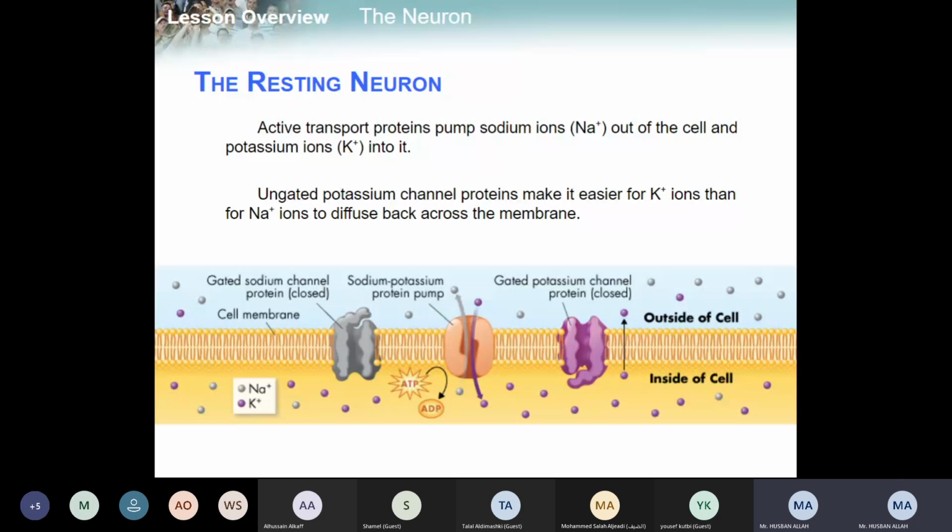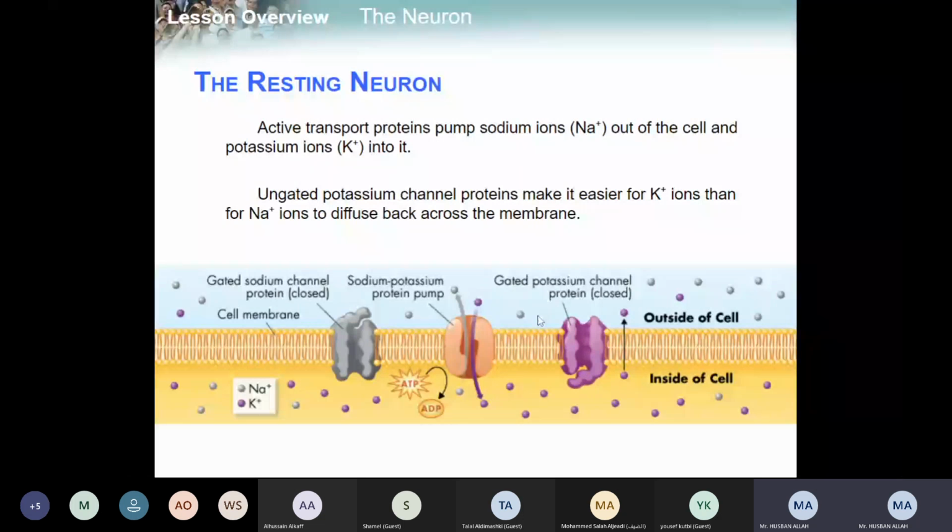If you look at the diagram at the bottom right of page 898, the gray dots represent sodium ions, while the other color represents potassium ions. The concentration of potassium ions is greater outside the cell, but the concentration of sodium ions is greater inside the cell.